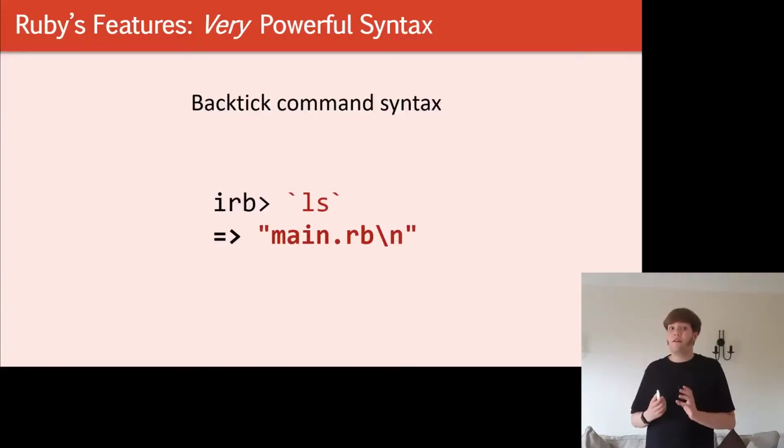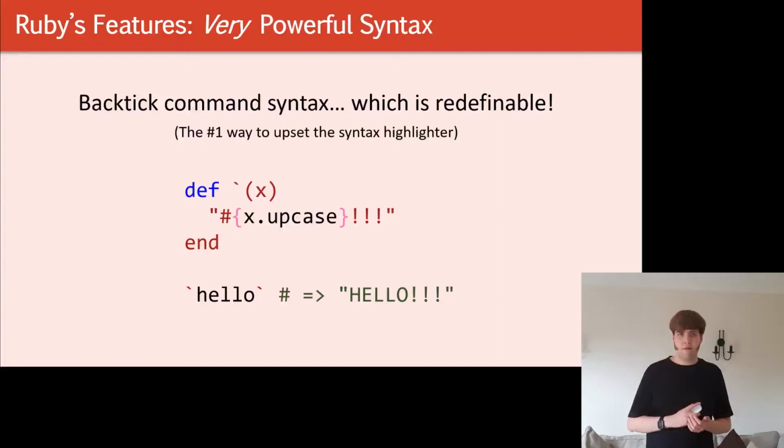This is a nice feature for scripting, but suppose you wanted to do something else with that syntax. No problem. If you define a method called backtick, you can override what this does. Here I've made backtick into a dedicated shouty string syntax, which will convert the contents to uppercase and append 3 exclamation marks.